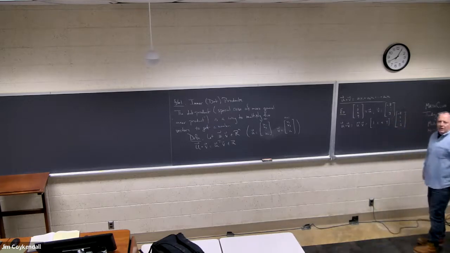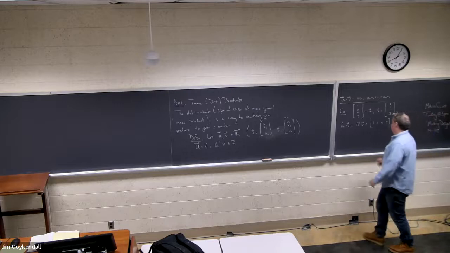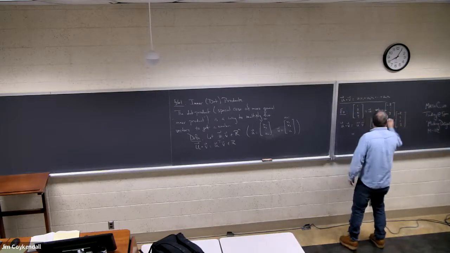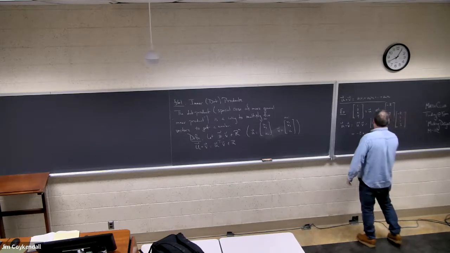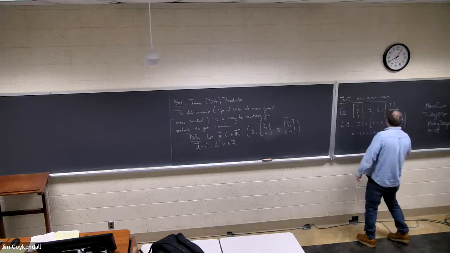Of course, once you get going on this, basically you just match them up and multiply and add. So that's going to be -2 plus 0 plus 4 plus 27, which is 29.